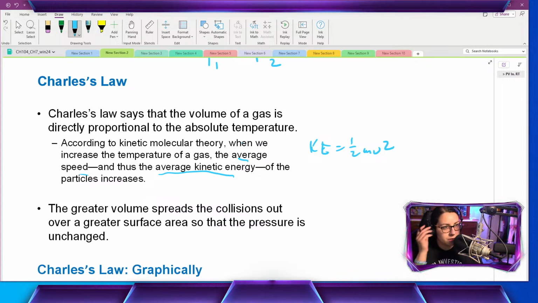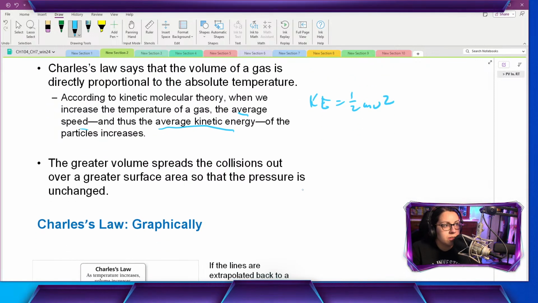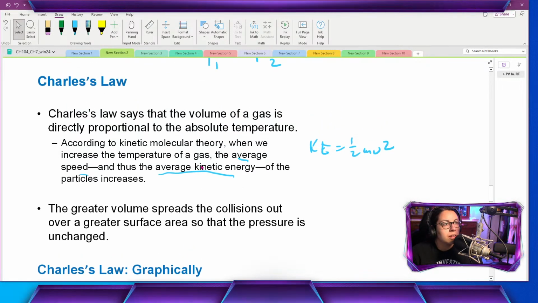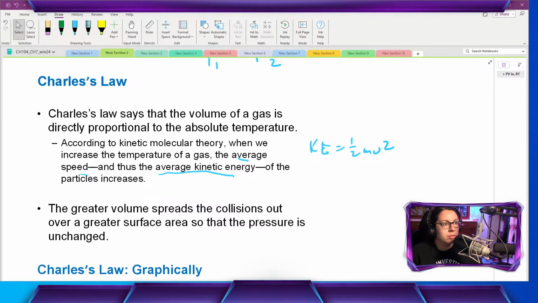And of course you have your distribution. The greater volume spreads the collisions out over a greater surface area, so our pressure is unchanged. Again, that's why our volume increased on this one here.